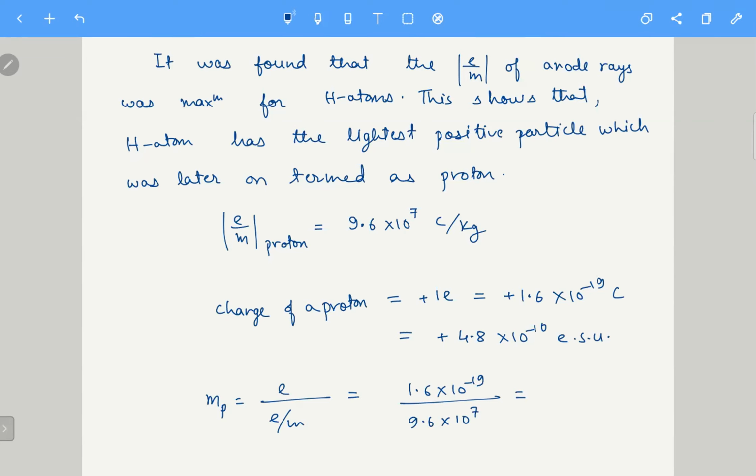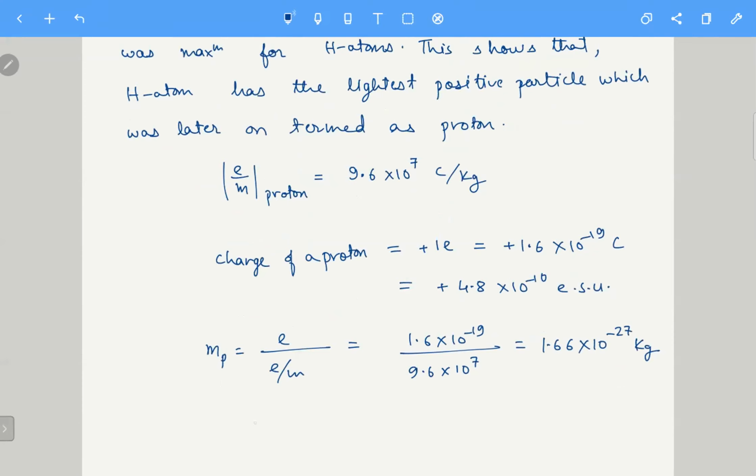This comes out to be 1.66 into 10 raised to minus 27 kg. This is around 1.007 u, which is approximately 1 u. This is how we write the mass of a proton.